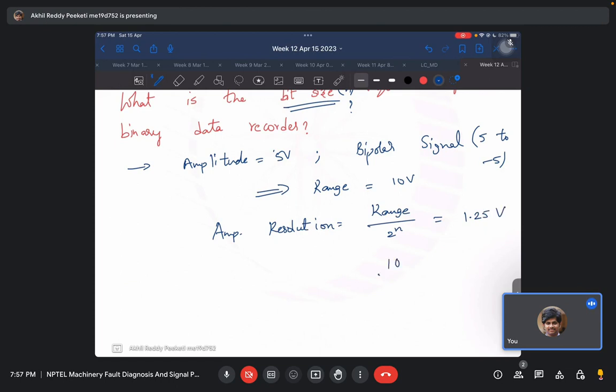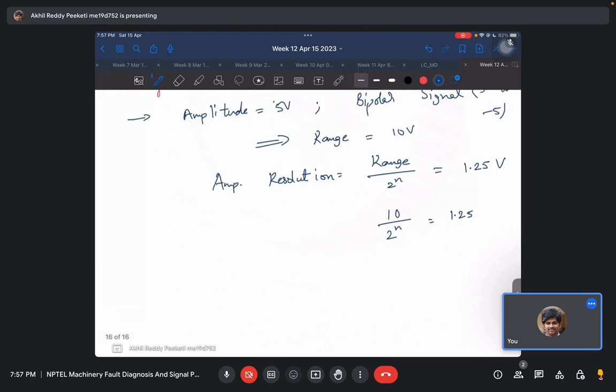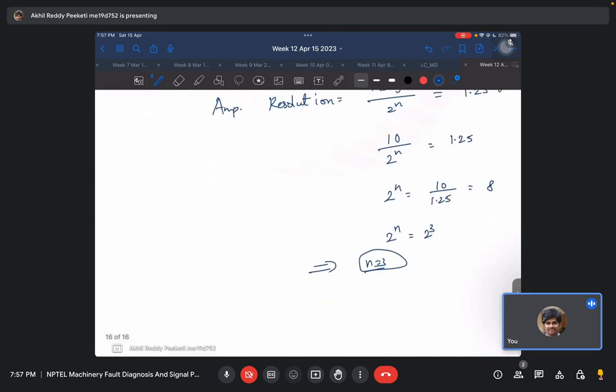Range is 10 by 2 power n is equal to 1.25. So this gives 2 power n equal to 8. So 2 power n is equal to 2 cube, which implies n is equal to 3. So this is a 3-bit size storage system.